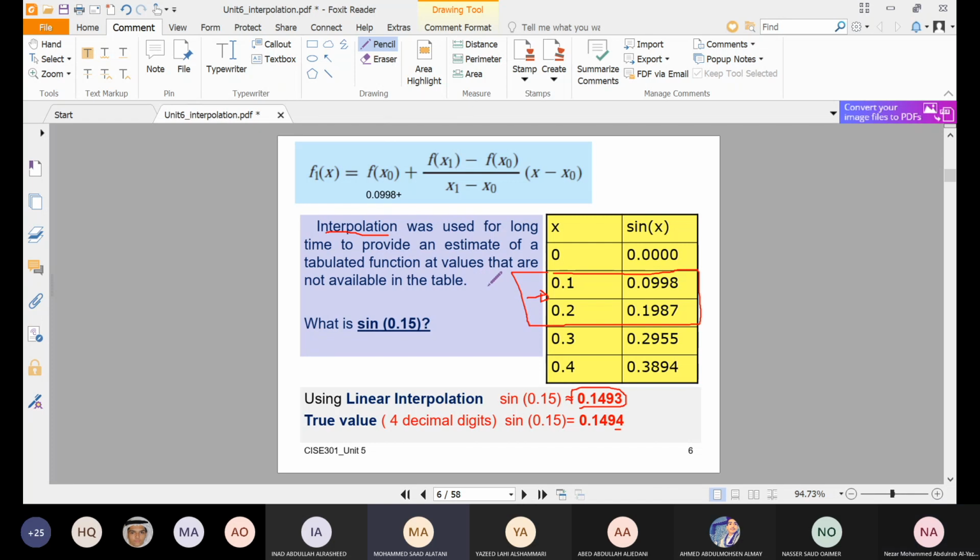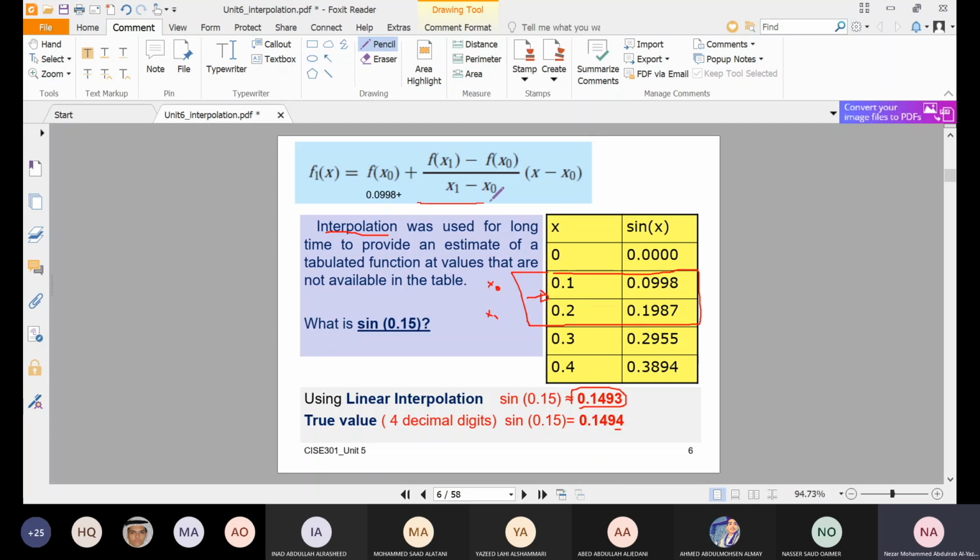It's 0. Why 0? Because we use this x0 now. I don't use these points. This is x1 and this is x0. I use these two points. This is the table. If you take 0 and 0.2, you'll take 0 as x0. So we just select two points to find the linear relation.